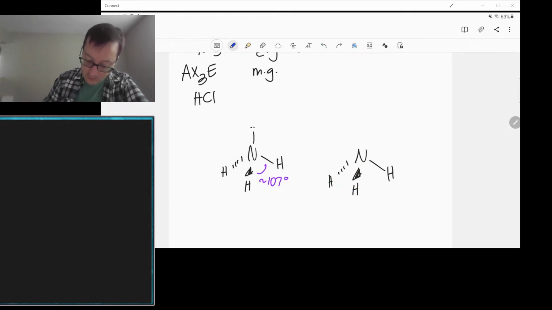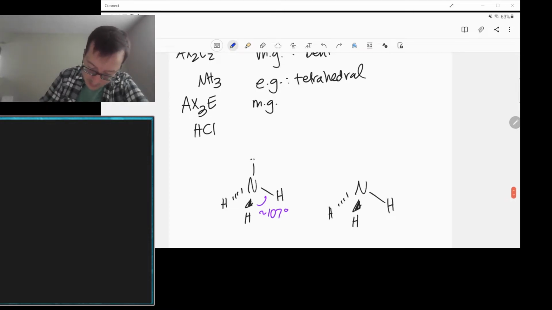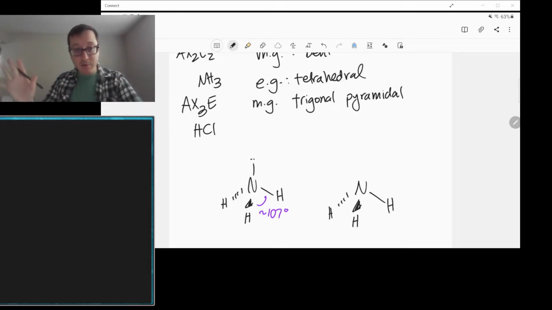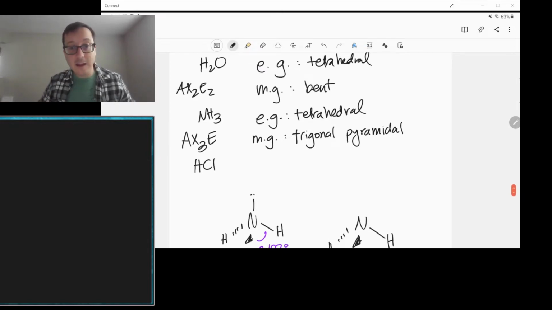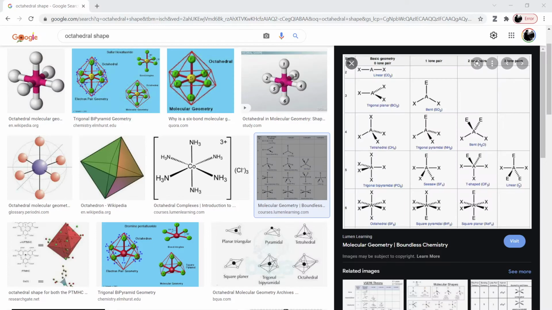This shape is called trigonal pyramidal. So not bipyramidal, only one pyramid. That's what it looks like. So we call this trigonal pyramidal. All right, so let's go ahead and take a look at these bent and trigonal pyramidal geometries here.